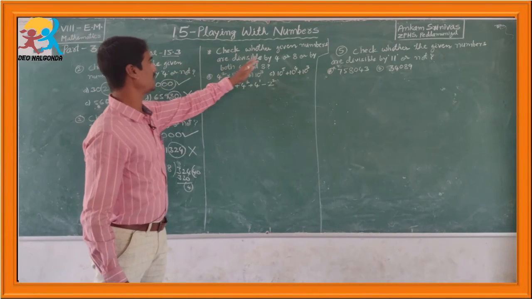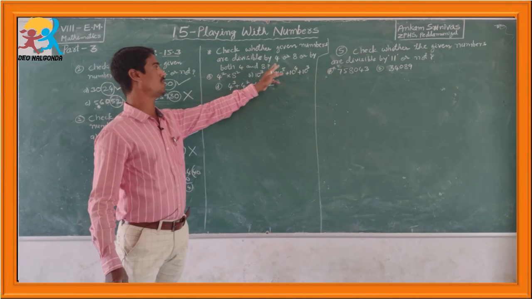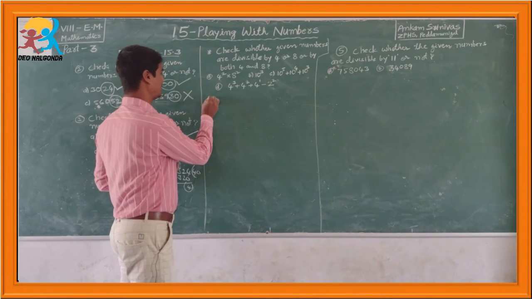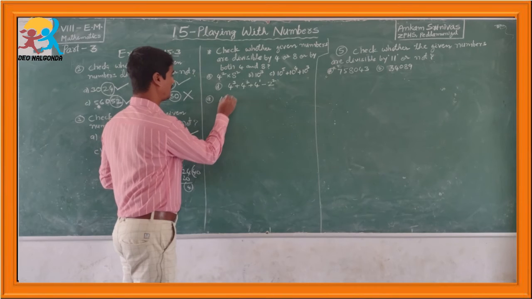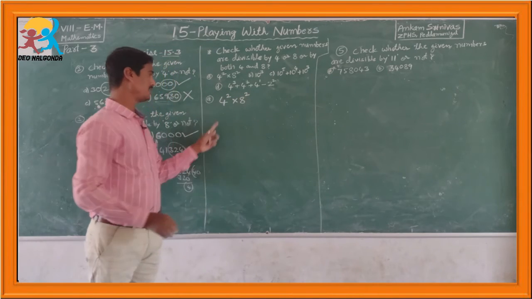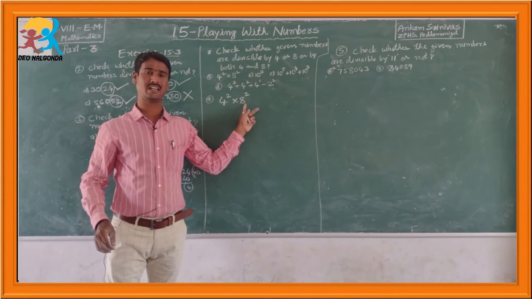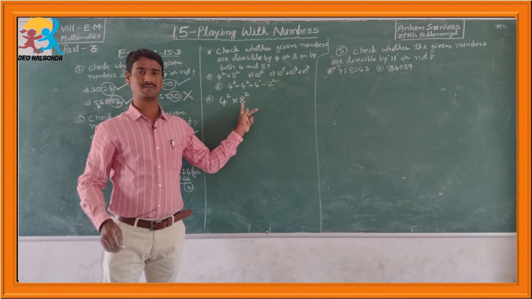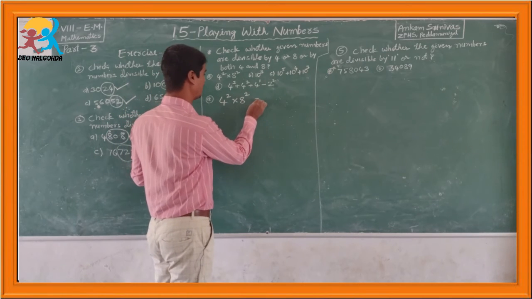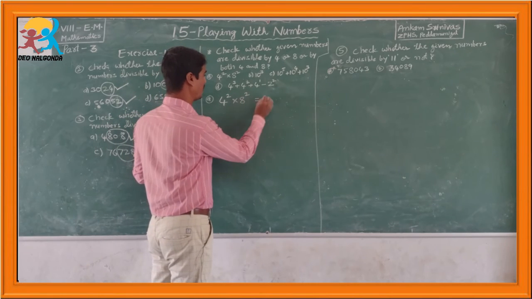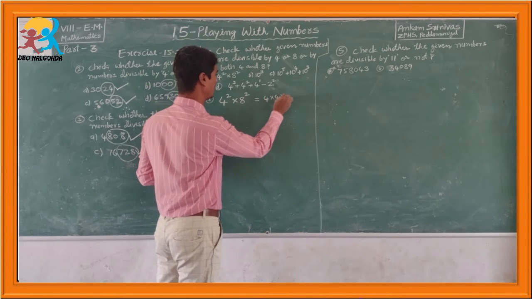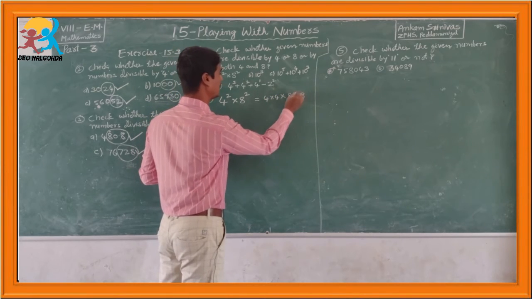Check whether the given numbers are divisible by 4 or 8 or both. Take the first question. 4 power 2 into 8 power 2. That means this number can be written as 4 into something, 8 into something. That means it can be written as 4 into 4 into 8 into 8.